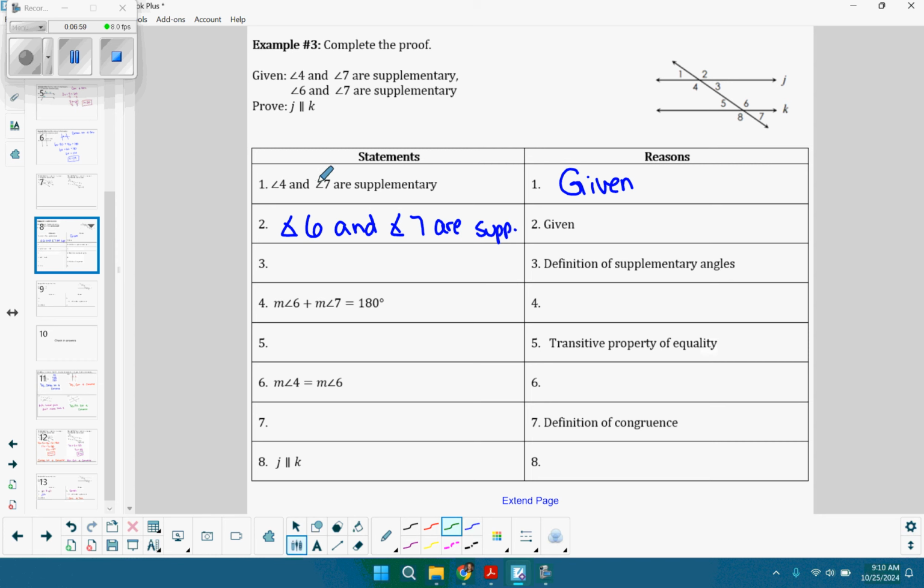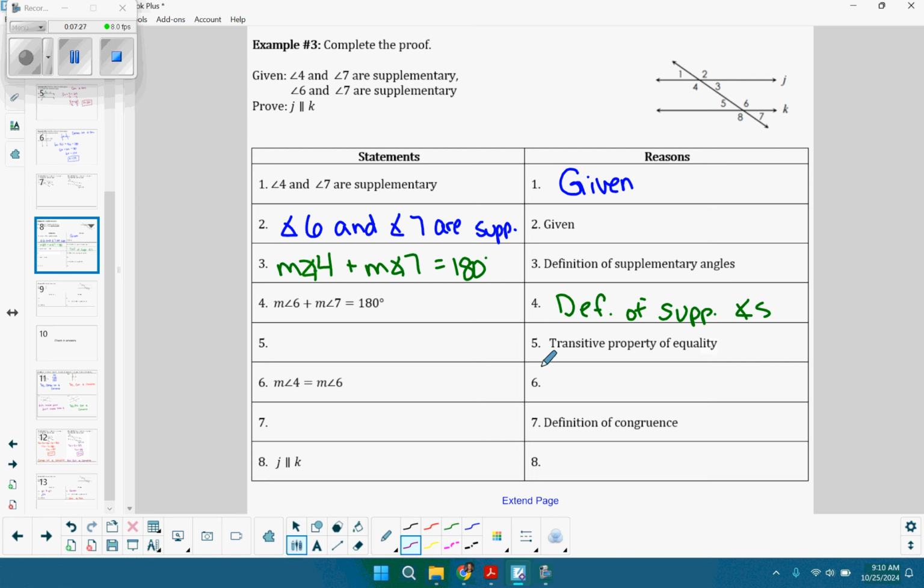I see that we are using the definition of supplementary angles, but I've also said here, my step 2, I've made those equal to 180, so that's going to be another definition of supplementary angles. And that means the ones we haven't mentioned yet are 4 and 7. So in step 3, I'll say measure of angle 4 plus measure of angle 7 equals 180.